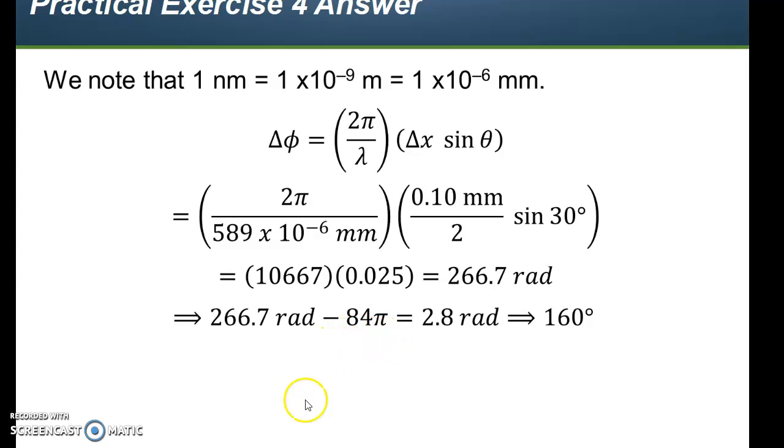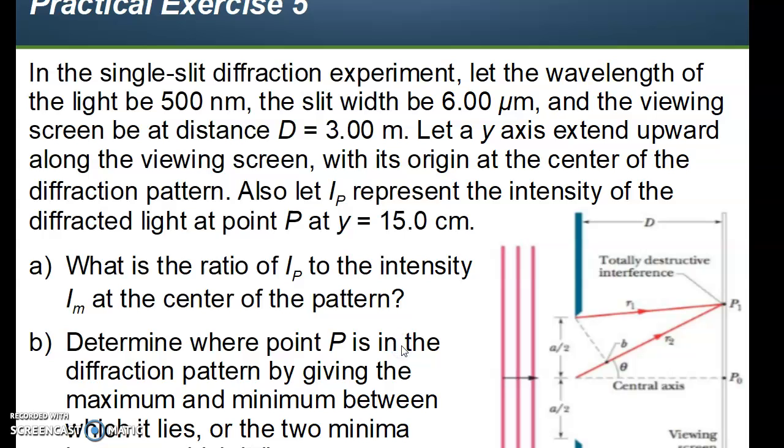It's 42 cycles, or since pi is only 1/2 a cycle, it's 84 cycles. And what's left over is 0.447 radians.